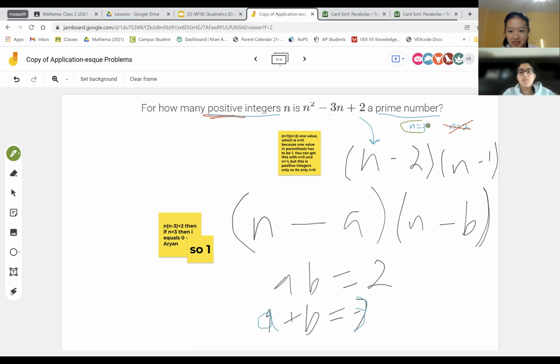And everything else will not work because it'll be a multiple of two numbers that aren't 1, meaning it will be a multiple of something other than 1 and the number itself. So we only have one value, which is n is equal to 3. So for how many positive integers n, it's just 1.